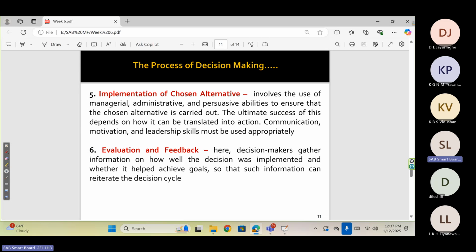Different types of feedback can be obtained here, for example employee feedback, customer feedback, supplier feedback, senior managers' feedback, feedback of the general public, and sometimes competitive reactions, performance.